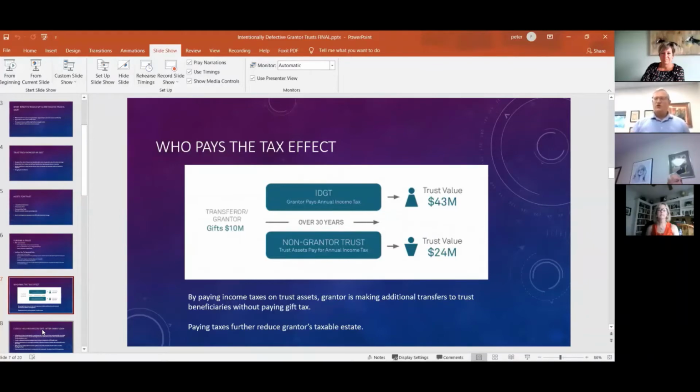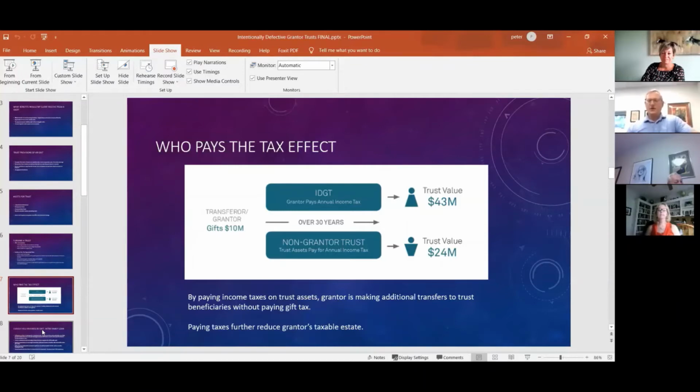If I use another asset in my estate, I am going to accomplish two key goals. Number one, I'm going to further reduce my taxable estate. And number two, by paying the income tax, I am effectively making a gift to the next generation without that counting as a gift. Here's what I mean. In this example, we gifted $10 million of an asset into the trust.